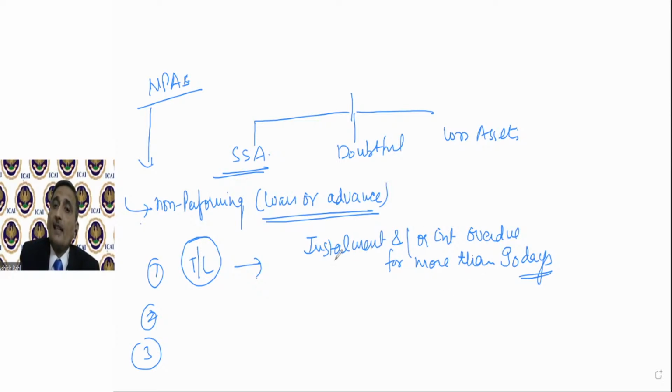So here guys, the condition is installment or interest remains overdue for more than 90 days. So overdue means if the amount is not paid on the due date. Say if the amount is to be paid on 30th June, then it would become overdue on 1st July.